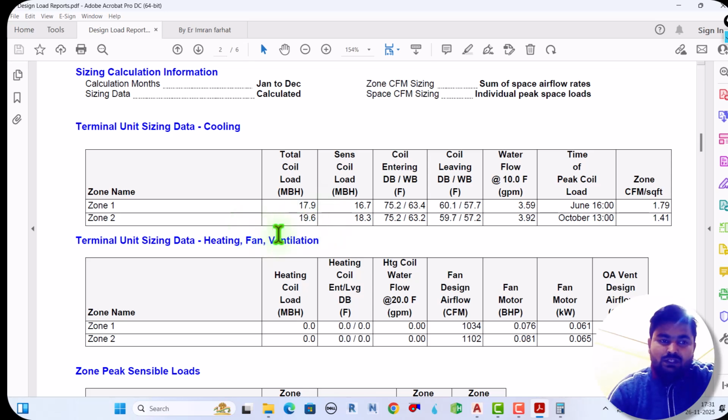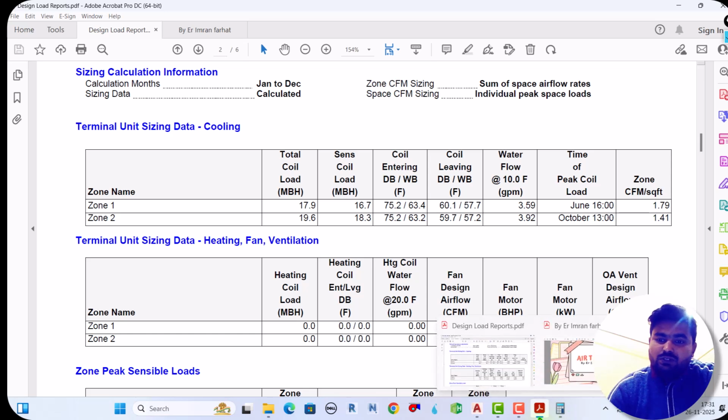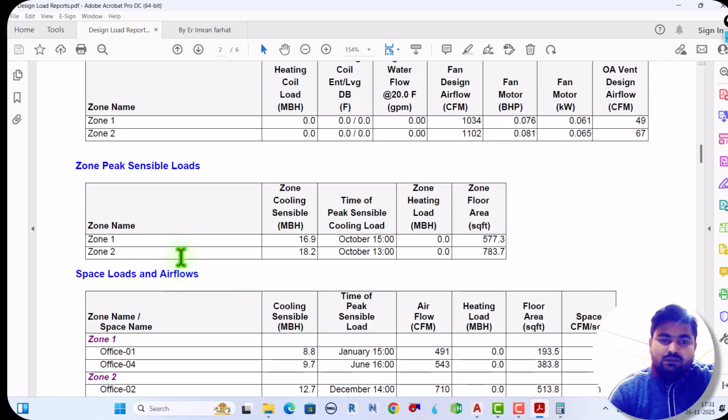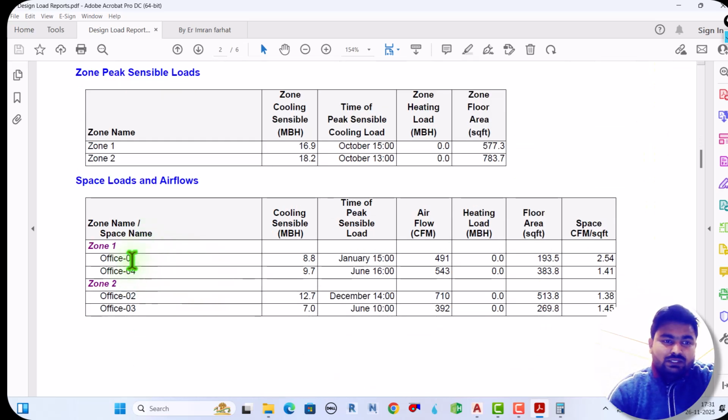Okay, so see, before that I am also mentioning here, space load and air flows. For the spaces, how much air flow? 491 and 543, and we need this data also.